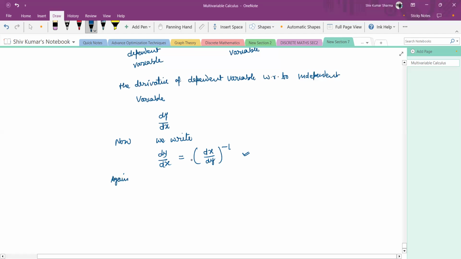Now again, we take d square y upon dx square. So when we obtain the second derivative, that means this can be written as d upon dx of dy upon dx. So now we write down d upon dx of the value of dy upon dx we obtained, (dx upon dy) raised to the power -1.